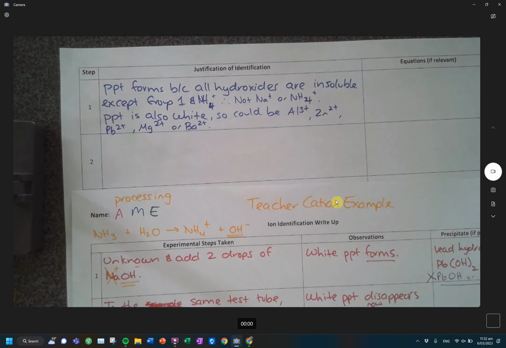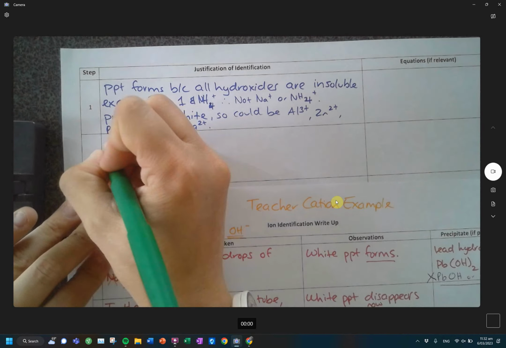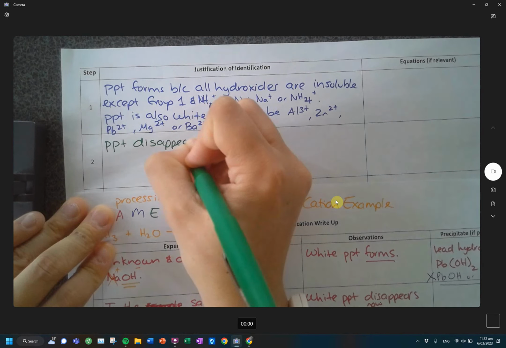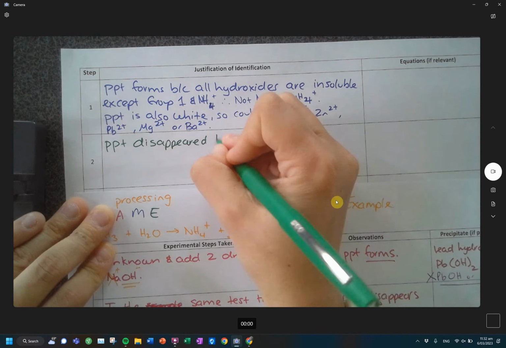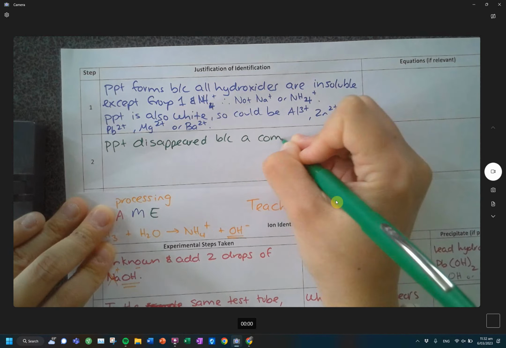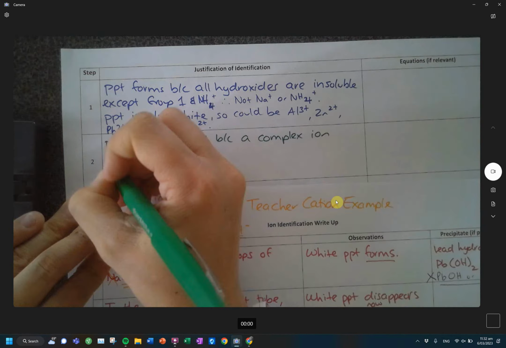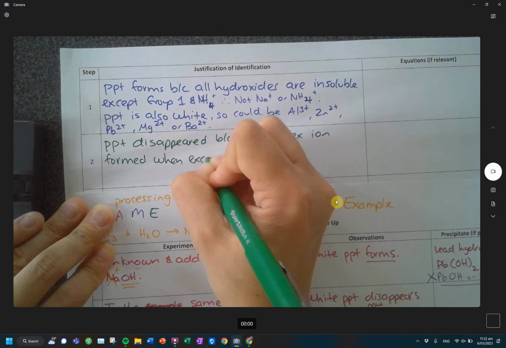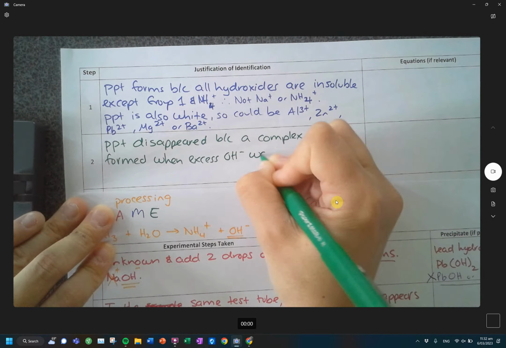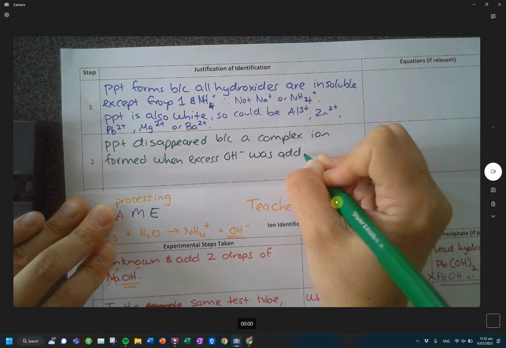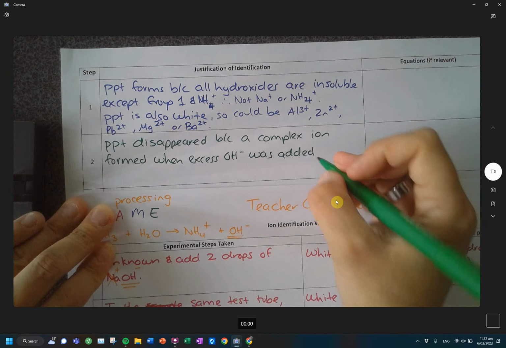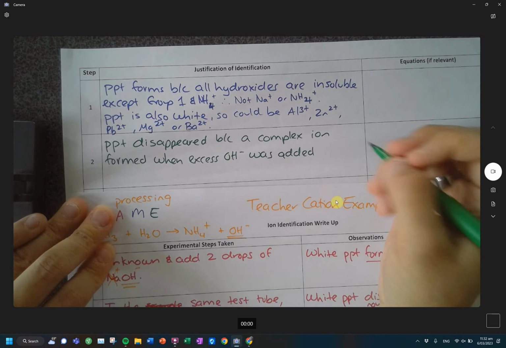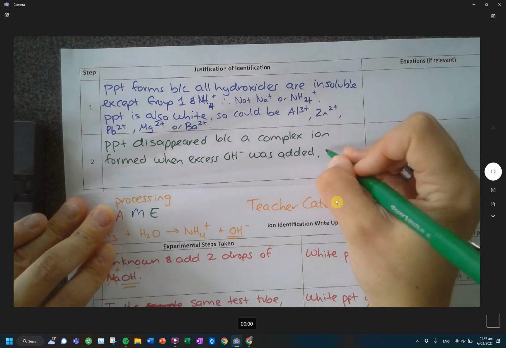So this next step here: the PPT disappeared because a complex ion formed when excess OH minus was added, which is soluble.